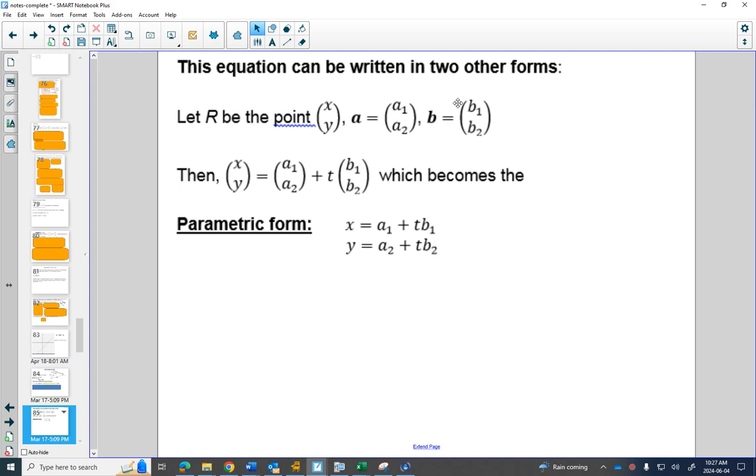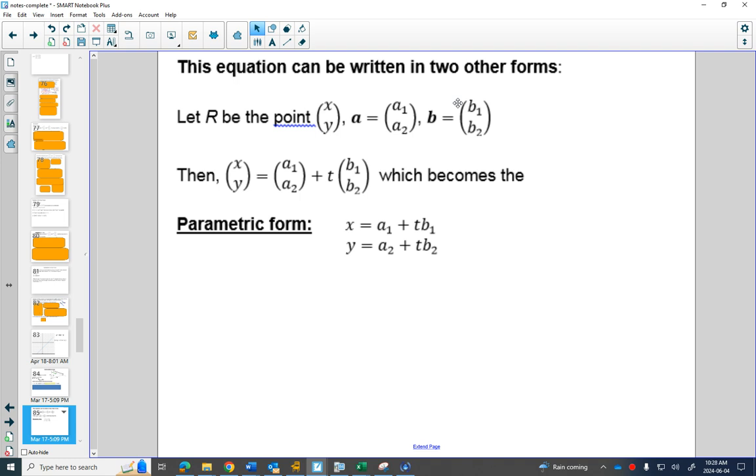Then you can take your vector equation of a line and write it in 2 other forms. And these forms let you connect to some of your old mathematics. So x, y is any point on the line.